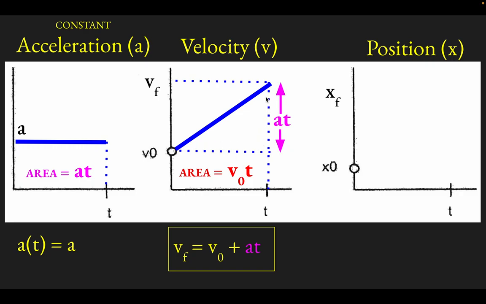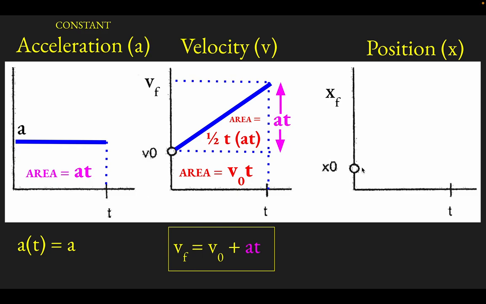But we also have this triangle here. And of course, triangles are 1/2 the base times the height. I'm going to use the base as this side, so it is of length t. And then the height of this triangle is at, so you have 1/2 t times at, otherwise known as 1/2 at squared. That grand total area is how far you'll move after a time interval has passed.